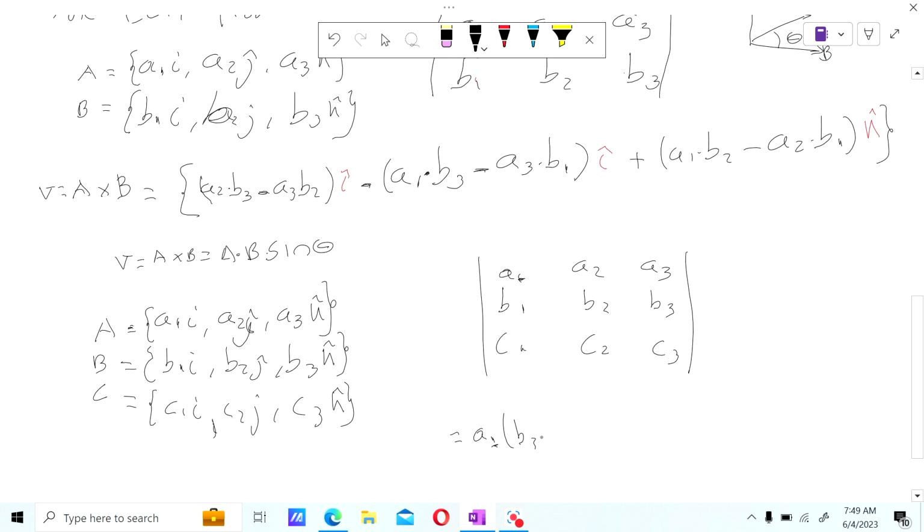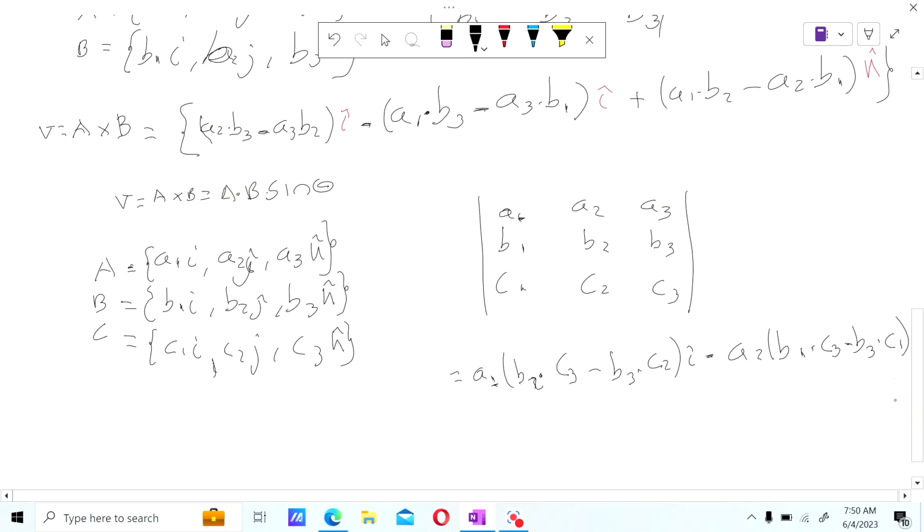So it's going to be B2 times C3 minus B3 times C2, in the I direction, minus A2 times B1 times C3 minus B3 times C1, J direction, plus A3 times B1 times C2 minus B2 times C1, K direction. Okay, so that's between three vectors.